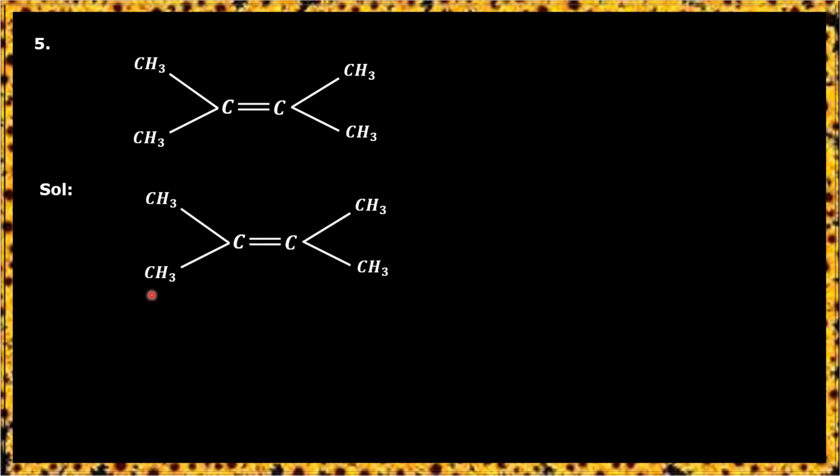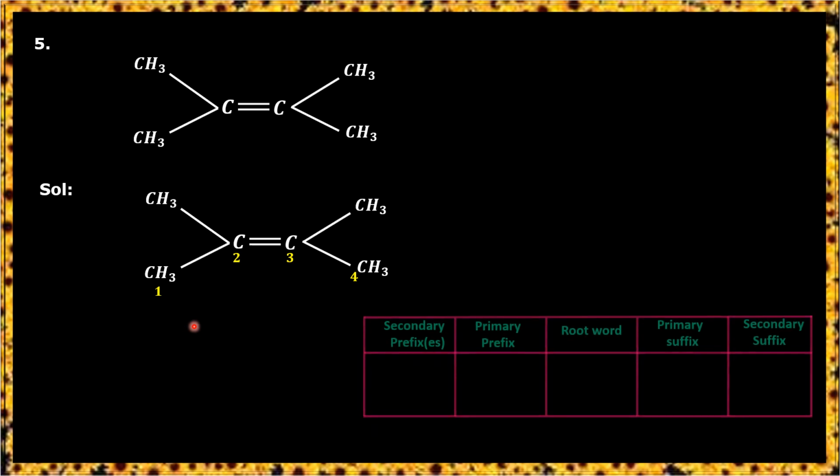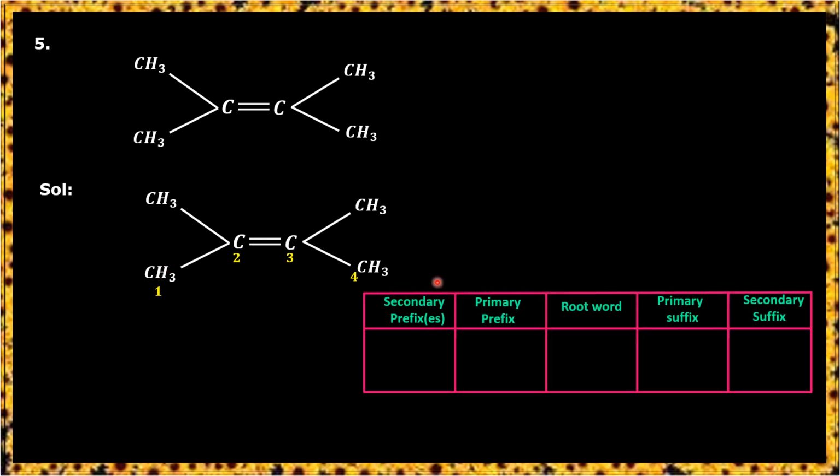Next, problem number 5. So this is an organic compound to which the IUPAC name is to be given. Solution. Okay. So in this, any of the chains you can select as the parent chain. Here I am selecting this as the parent chain. 1, 2, 3, 4. I am numbering from left to right, isn't it? So in this chain, 4 carbon atoms are there. The root word is but.